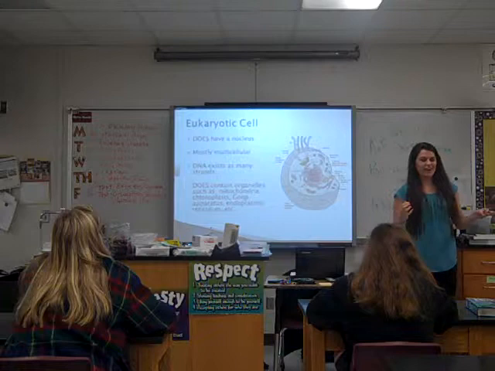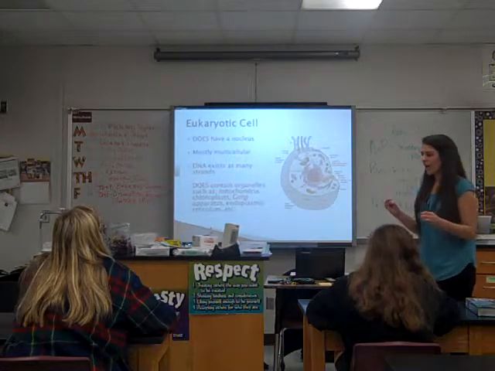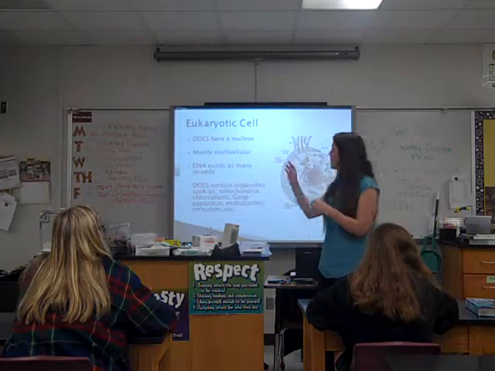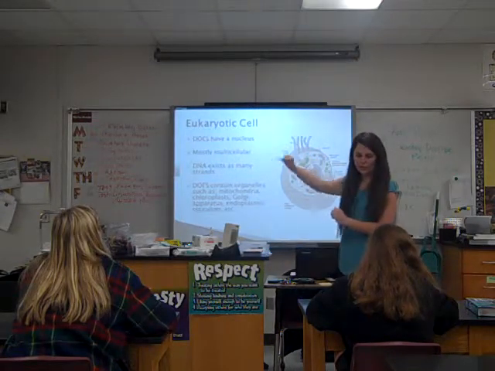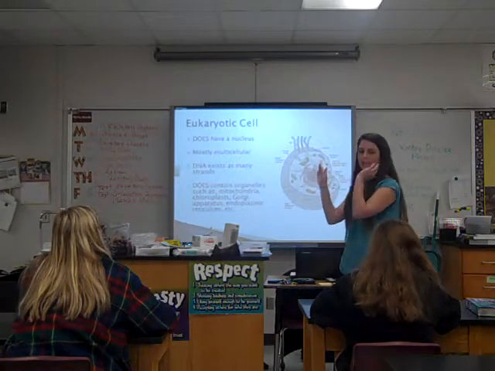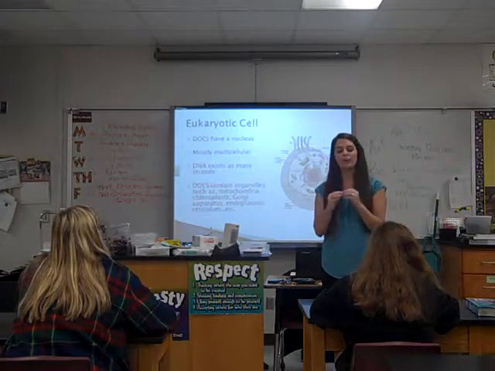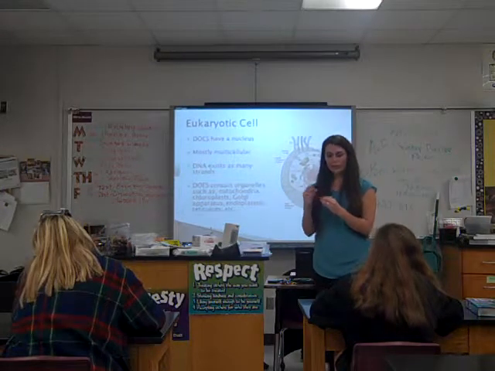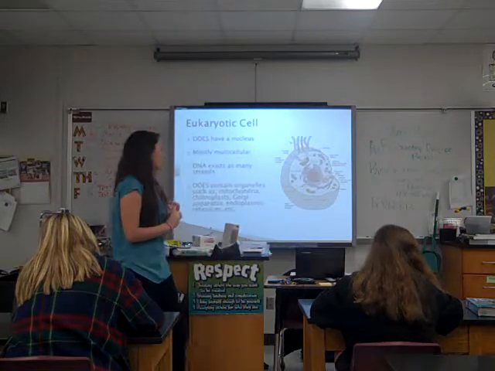What about eukaryotic cells? So when we're thinking eukaryotic, let's go back to what exactly eukaryotic means. So we know that the karyo part in the middle is referring to the nucleus, and the eu part at the beginning means true. So eukaryotic means true nucleus. So we know that eukaryotic cells do contain a nucleus.